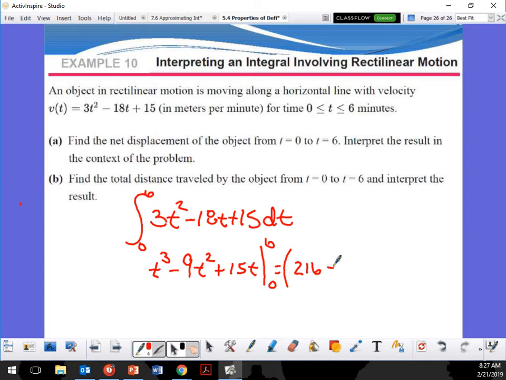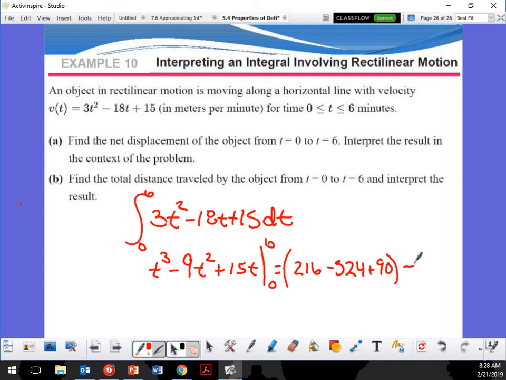Y'all got calculators, but some people are just sitting there. 324. Yeah. Okay. Believe me, I'm not saying I don't believe you. I'm preaching here, and other people have a calculator in front of them. Okay. All right. 324 plus 90.